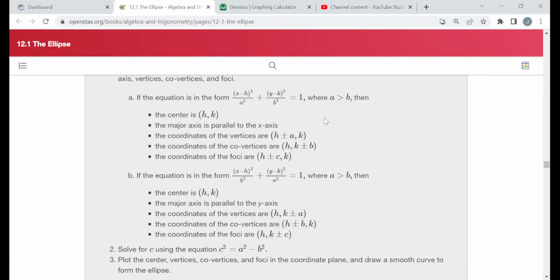And c was the distance from the center to a focus. There were two foci in an ellipse. The relationship we use to find c, and this holds for any ellipse, is that c squared equals a squared minus b squared.